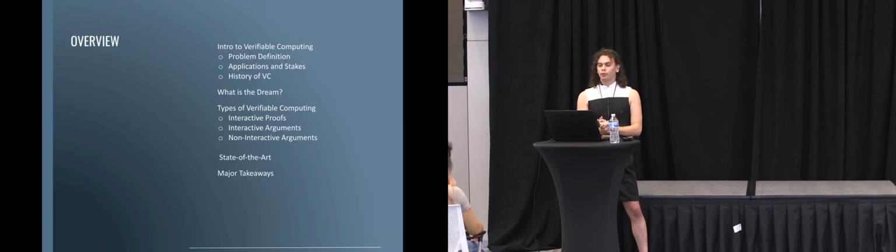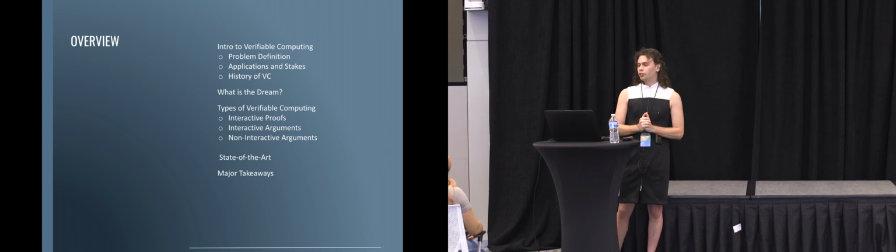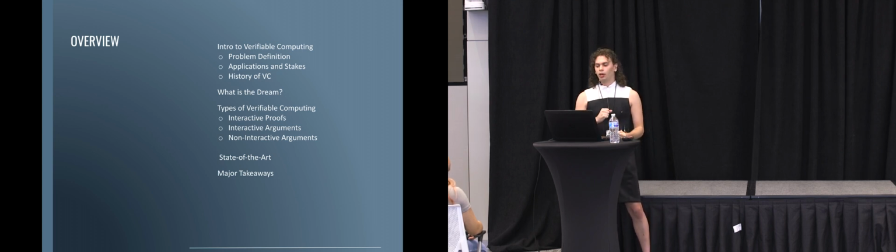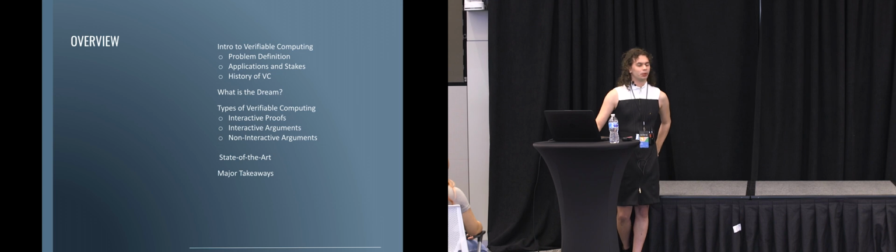Just to give you a quick overview, I'm going to give you an introduction to the field of verifiable computation. I'm going to tell you what the problems are and why we care about it. Right now we have mostly working solutions for real-world deployment, so I want to give a little bit of a description of what we wish we had and what we need to do to get there.